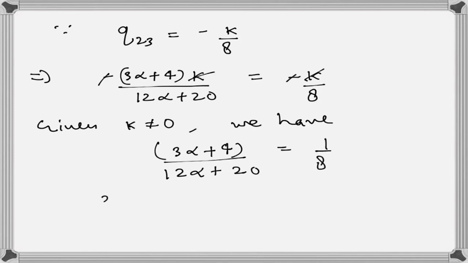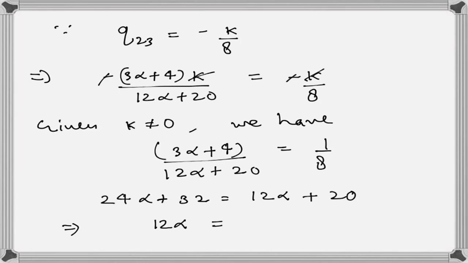This is nothing but 24 alpha plus 32 equals 12 alpha plus 20. So 12 alpha equals minus 12, which implies that alpha is equal to minus 1. So we obtained the value of alpha, which is minus 1.